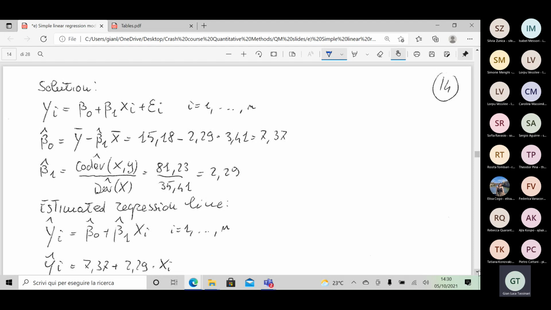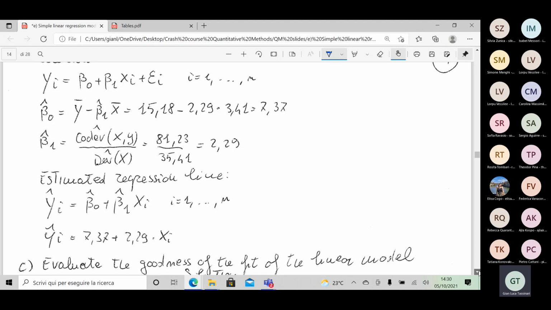So which is, guys, the estimated regression line? Well, remember the estimated regression line is y hat i equal to beta 0 hat plus beta 1 hat x i for i equal to 1 to n. So which is the estimated straight line? You have simply to insert into beta 0 hat and beta 1 hat the estimates you got here.